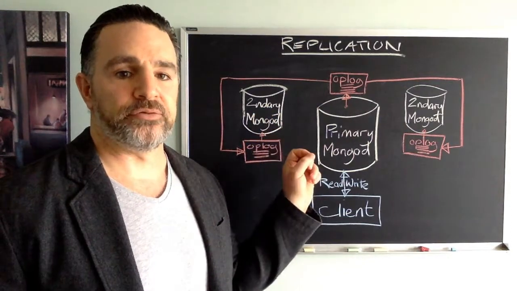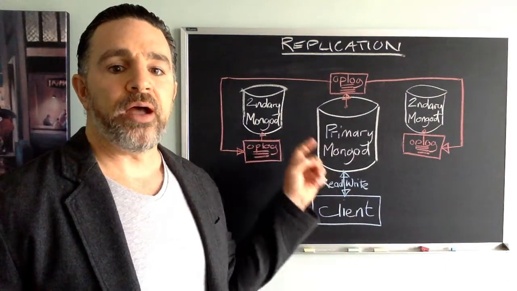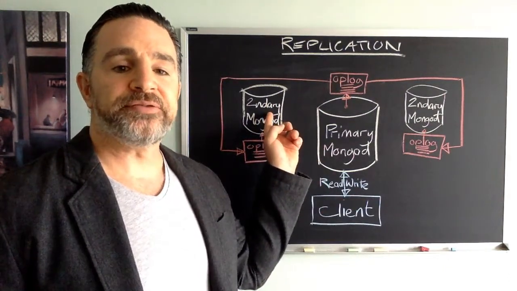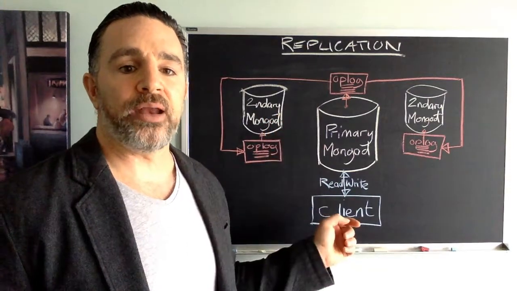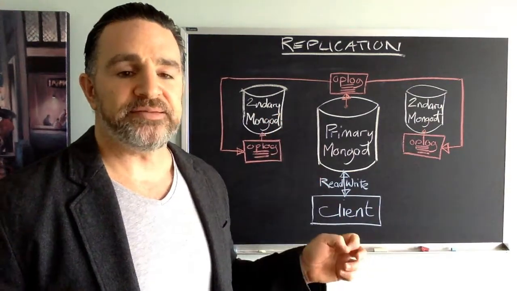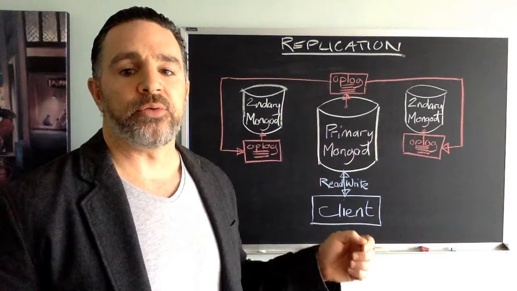Again, like I said, this is just for reads. So obviously the closer your database is to your client, the lower the latency is going to be, and the quicker the requests are going to happen.